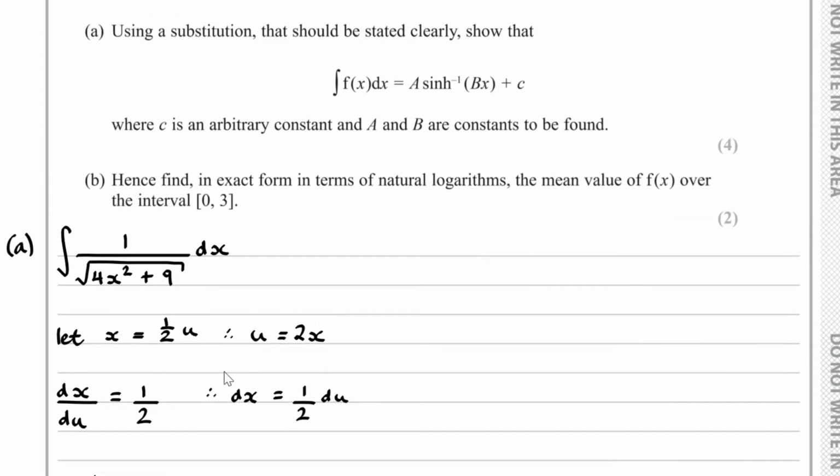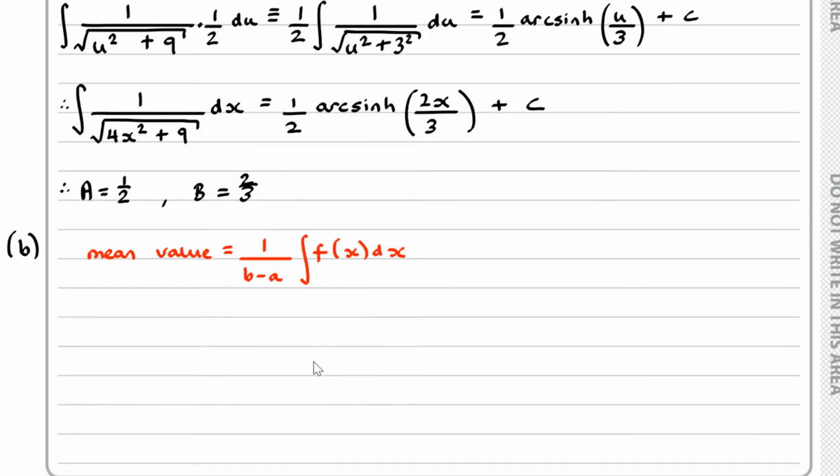And now for part b, we have to find an exact form in terms of natural logarithms, the mean value of f of x over the interval 0 to 3. Okay. So the mean value is equal to 1 over b minus a lots of the integral of f of x with respect to x between the limits a and b.